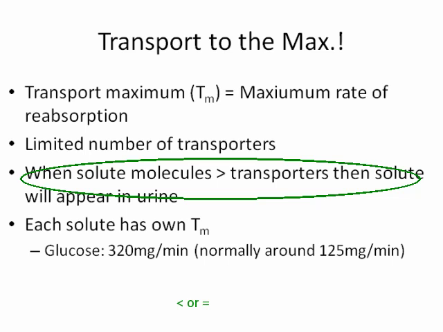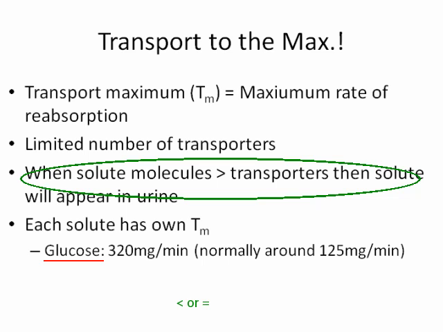And this is key, especially when we look at things like glucose. The Tmax, the transport maximum for glucose, is 320 milligrams of glucose per minute being moved across from the filtrate into the epithelials and back into the peritubular capillaries. The normal individual has enough transporters to move 320 milligrams per minute of glucose.